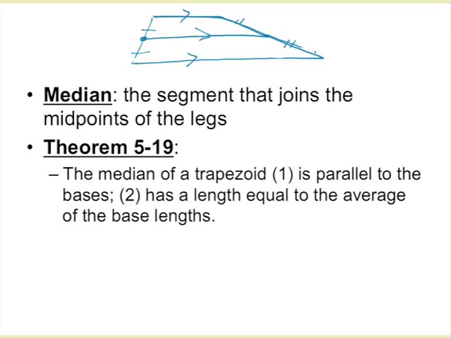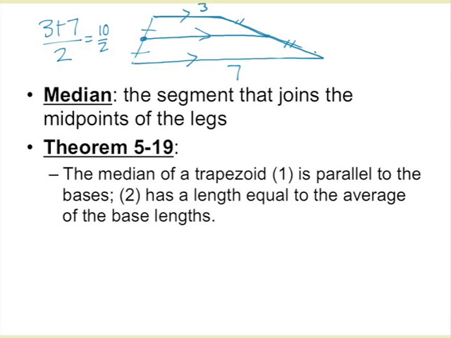What does average mean? The mean? That's another word for it. How do I find it? Add them both together and divide by 2. So if I said the top is 3 and the bottom is 7, to find the average of that, to get the middle, I would do 3 plus 7 divided by 2.